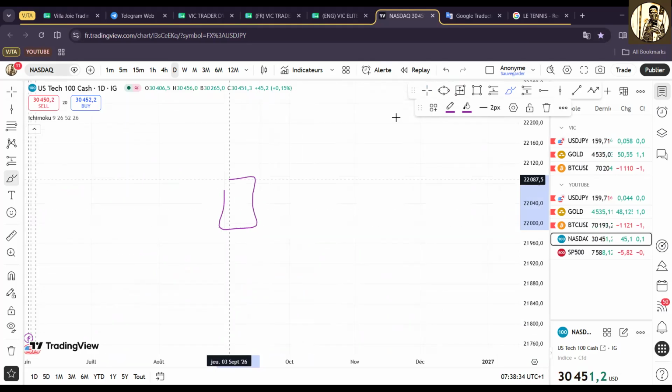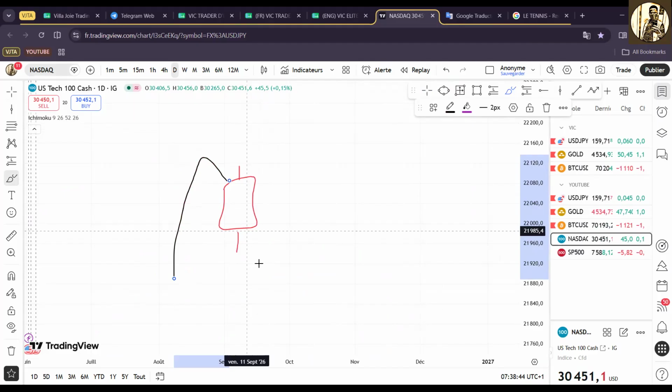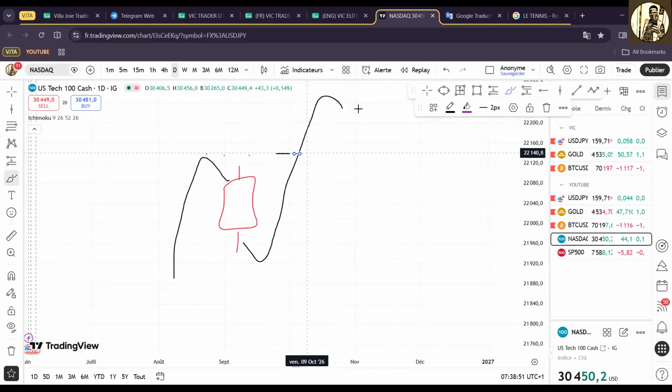What is the bounce theory? The bounce theory is that the price goes up like this, and when it goes down, it creates this candle. Then a new price goes up like this, breaks this V breaker there, and then creates another red candle at this level like this.